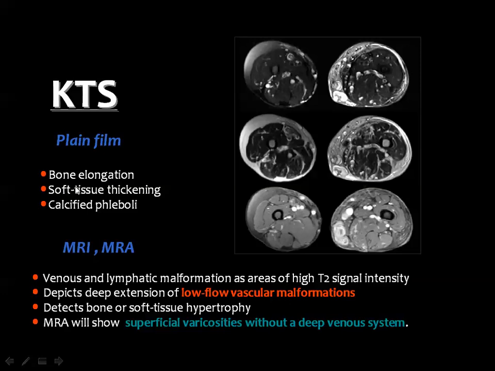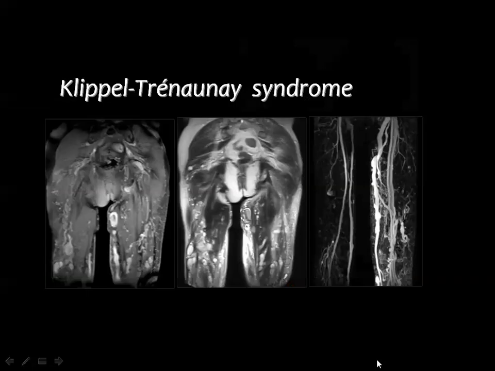The plain film will show elongation of the bone, soft tissue thickening, and multiple calcified phleboliths. The MRI and the CT venogram, for example, show, when you compare these two limbs, the left one is swollen, and you get many dilated tortuous venous and lymphatic channels, together with thickening of the subcutaneous tissue and obliteration and stranding of the subcutaneous fat.